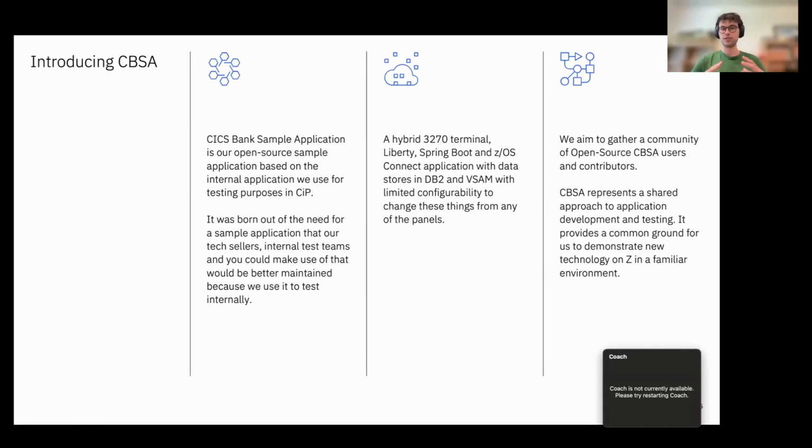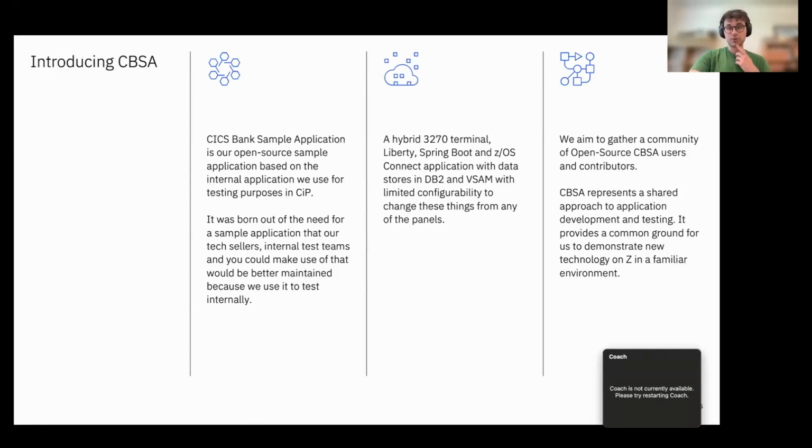What we wanted to do was to make this into something which customers could also view the source for, something that could become a means of communication and common ground for demo scenarios. So that's where we started development for CICS Bank's sample application, which is commonly abbreviated to CBSA. So I'll be referring to it as CBSA. That's what I mean.